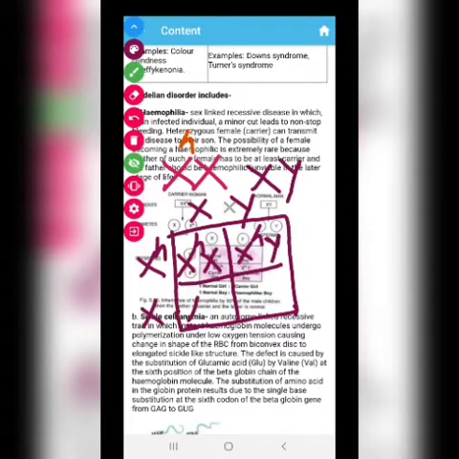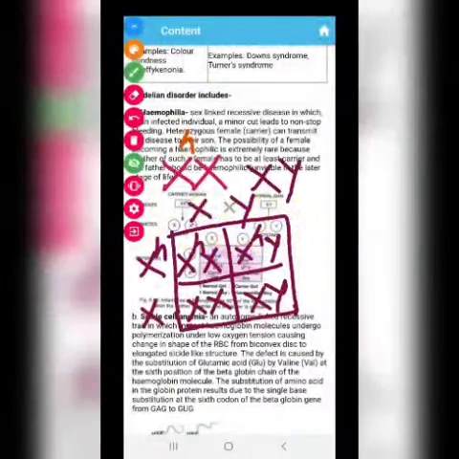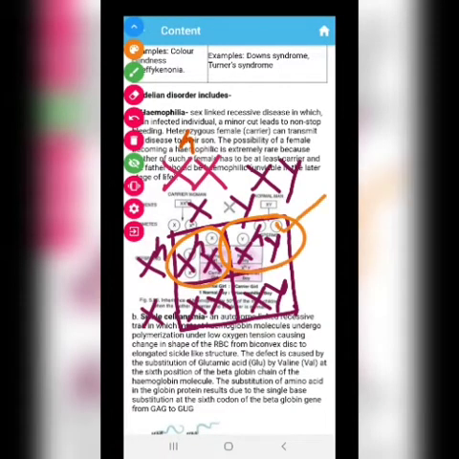The next is X and X, they are normal, and next is X and Y, they are also normal. So in this case, this is a female who is a carrier but not hemophilic. This is a son who is hemophilic, and the disease came from the mother, and two children are completely normal.